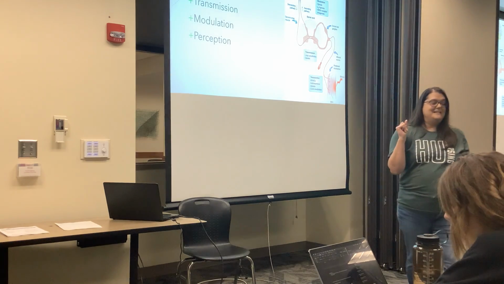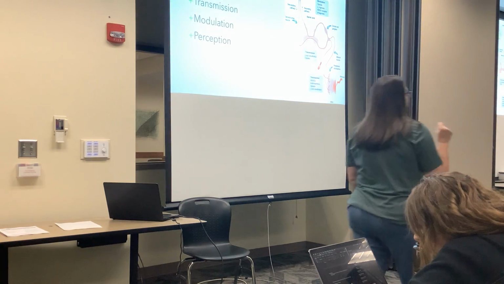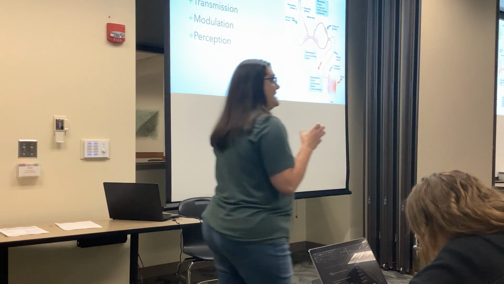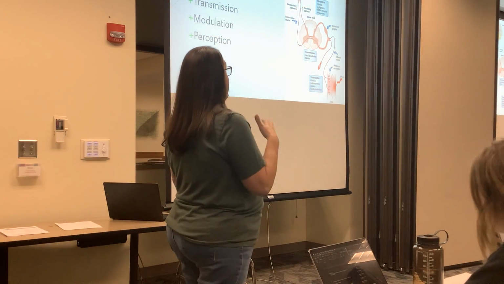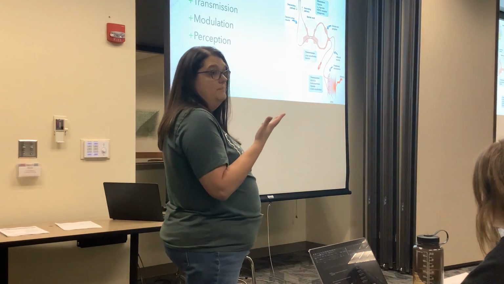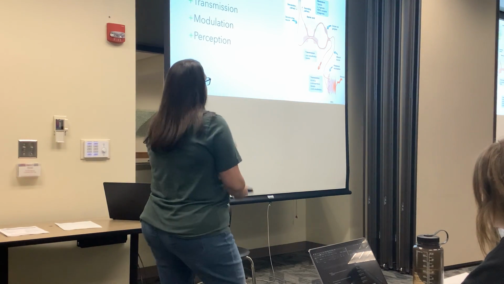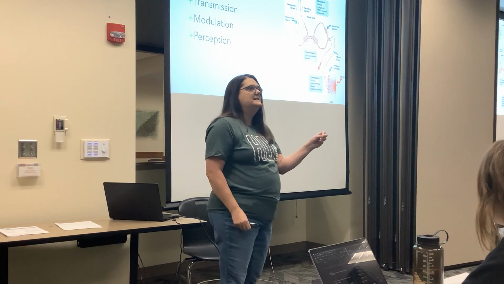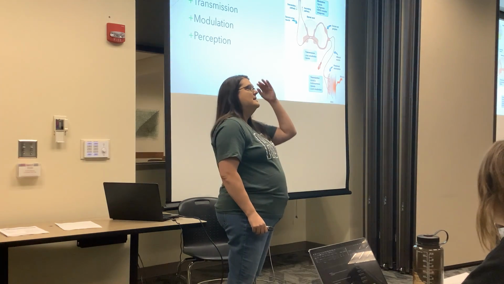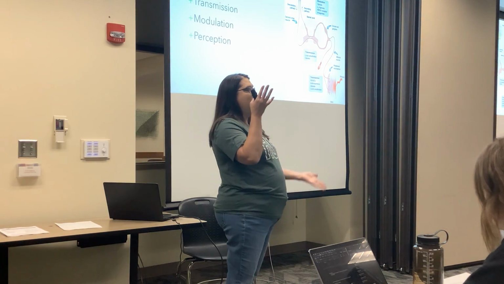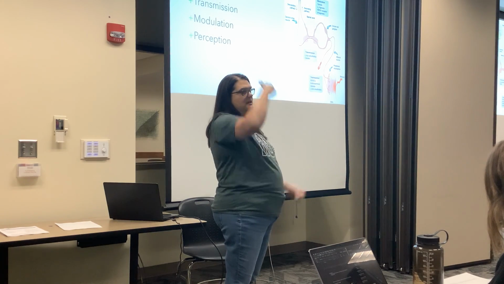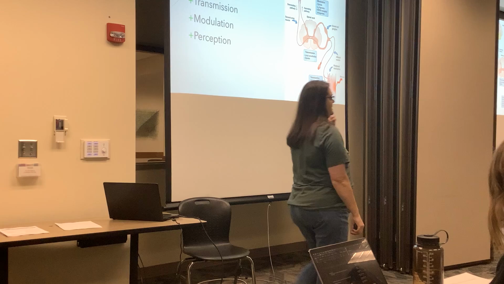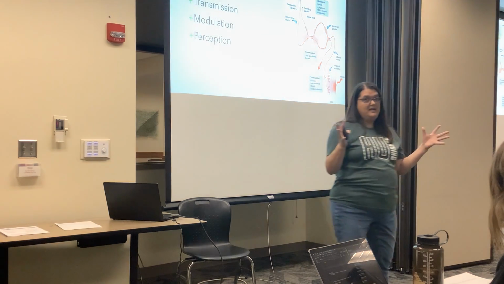Those nerve synapses happen really, really quickly, and that's a good thing. If we slow those down or interrupt this in some form or fashion, then we have issues with pain control. Modulation is kind of the highway: when that hits the central nervous system, it's moving up or down the spinal column to the brain to get where it needs to be.